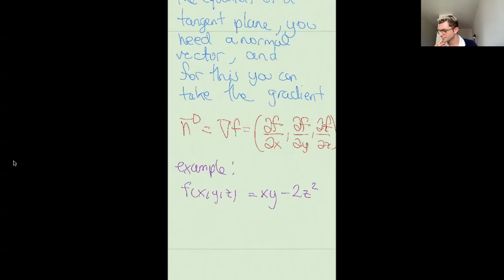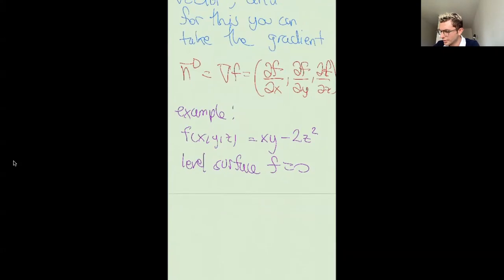We're looking at the level surface f equals 0. That gives you the equation xy minus 2z squared equals 0.